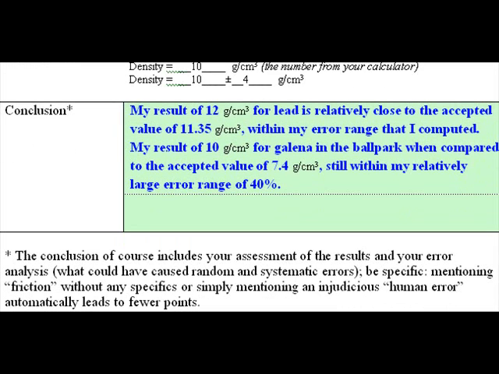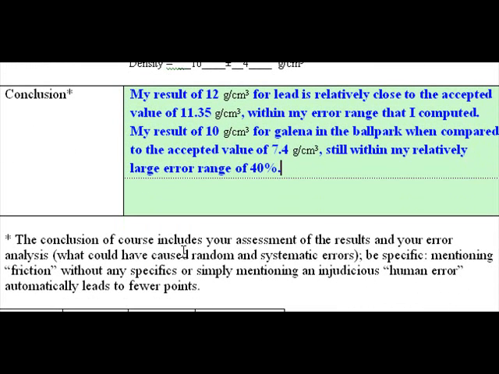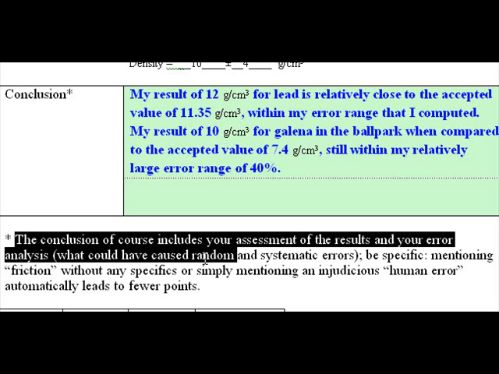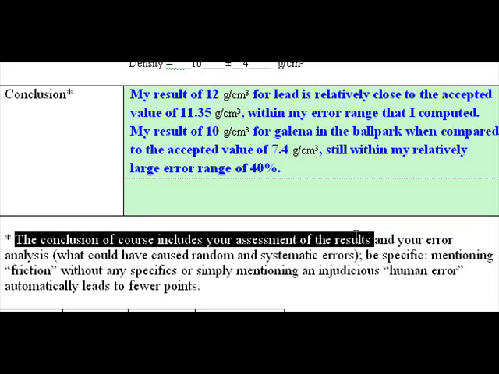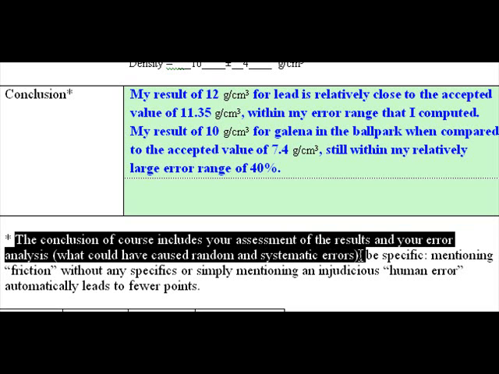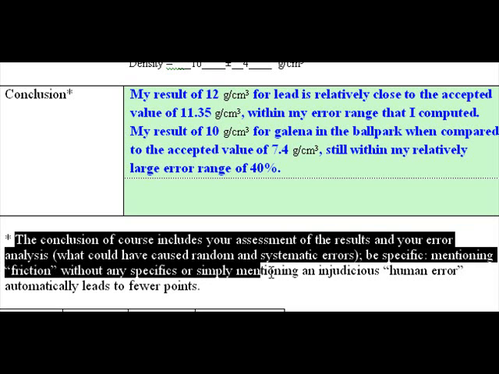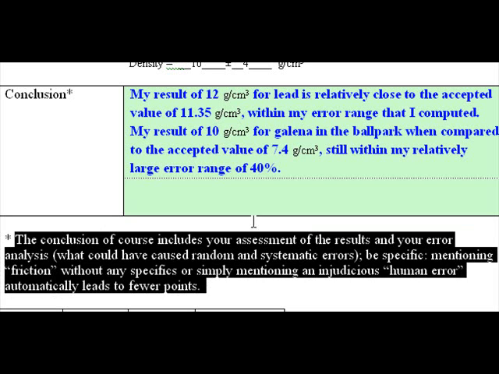Now you also have to say what kinds of errors you encountered. So I always put a footnote on there that says the conclusion, of course, includes your assessment of the results, which is what I just did, and your error analysis, what could have caused random or systematic errors, and be specific. Mentioning friction without any specific errors, or simply mentioning an injudicious human error, automatically leads to fewer points.